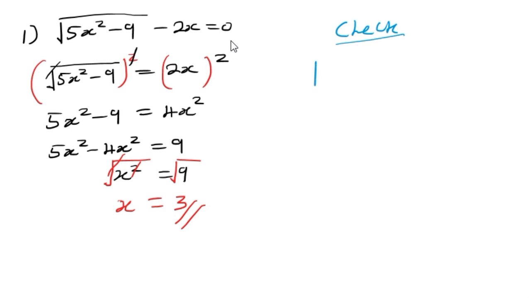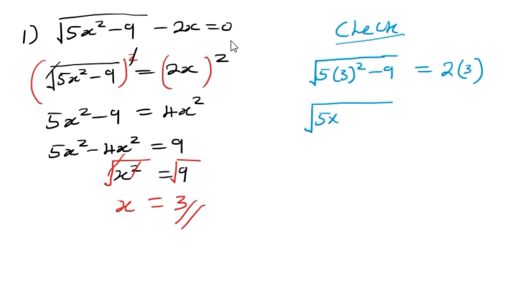We have here the square root of 5x squared minus 9 is equal to 2x. So our x is 3, so substitute 3. The square root of 5 times 3 squared minus 9 is equal to 2 times 3. You know that 3 squared is 9, so this will be 5 times 9 minus 9.